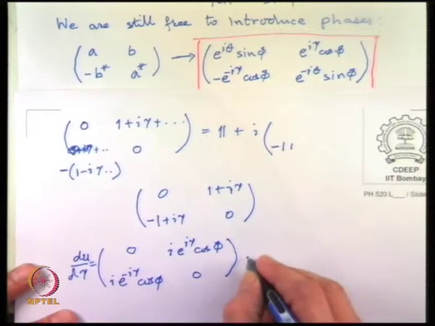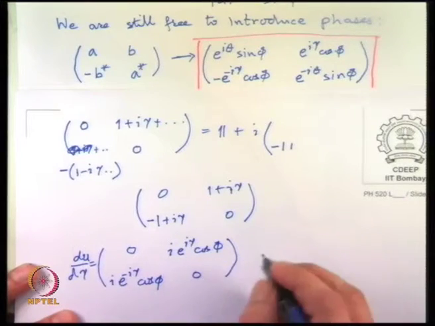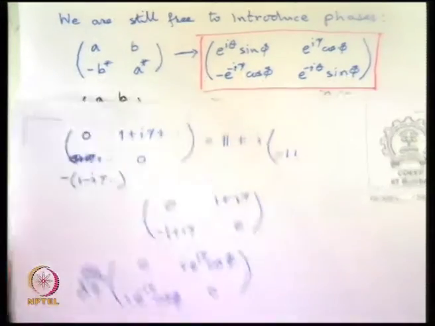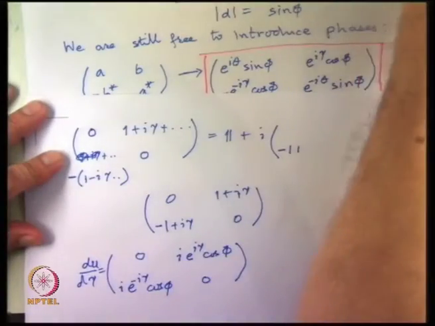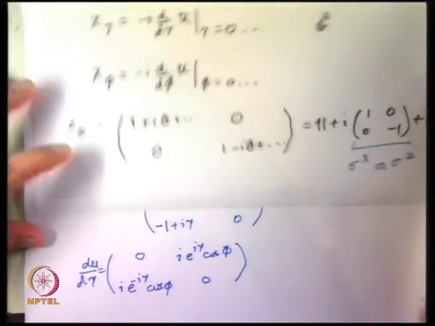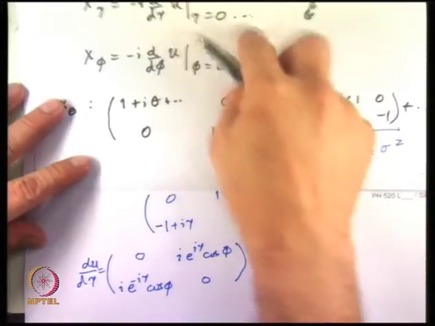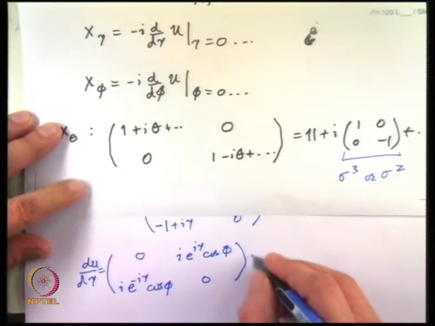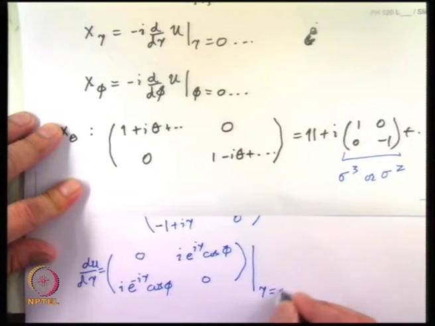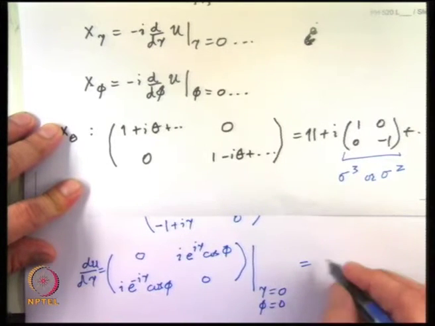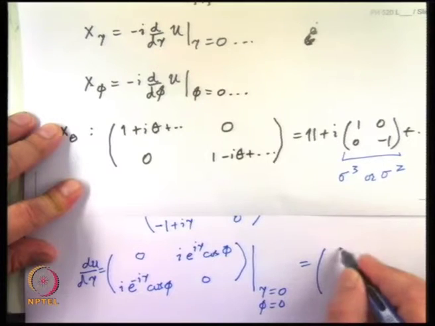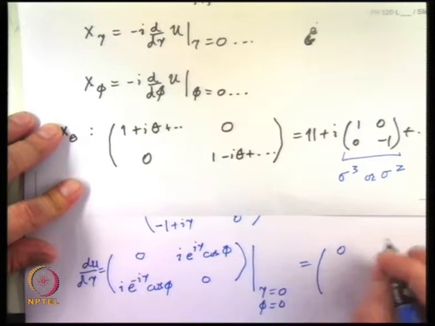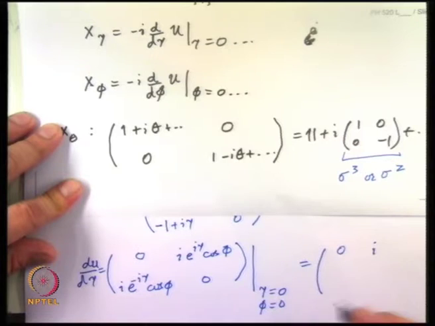So if we evaluate this, and our definition was removing one factor of i, after evaluating at gamma equal to 0, and of course phi also equal to 0, then we get the matrix 0 i, i 0.